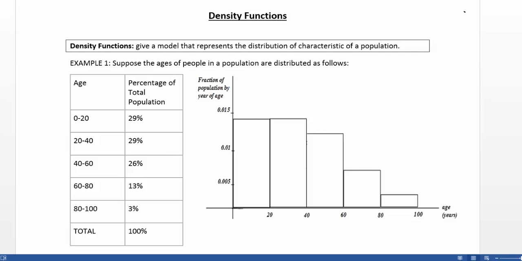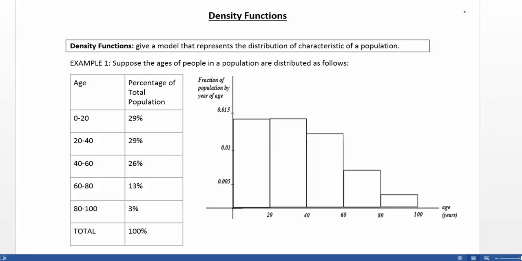Everybody from 0 to 20 represents 29% of the population, but we have to take into account all the ages between 0 and 20. This model assumes that they're all equally likely, so the height for any given integer between 0 and 20 should be that 29% divided by 20.